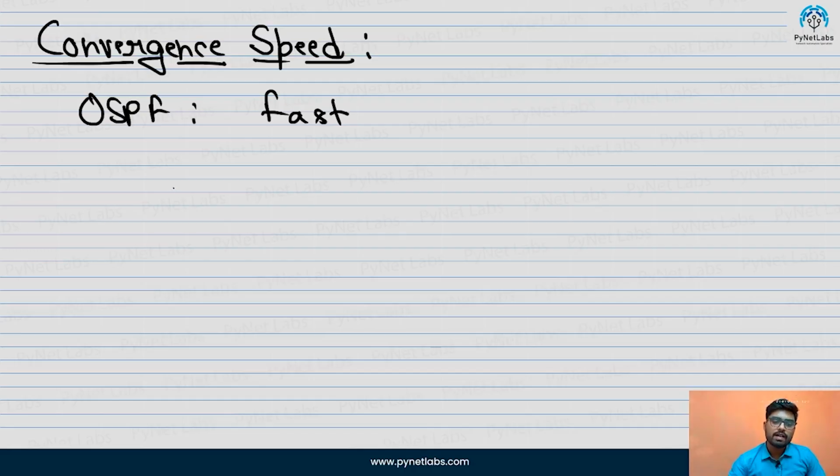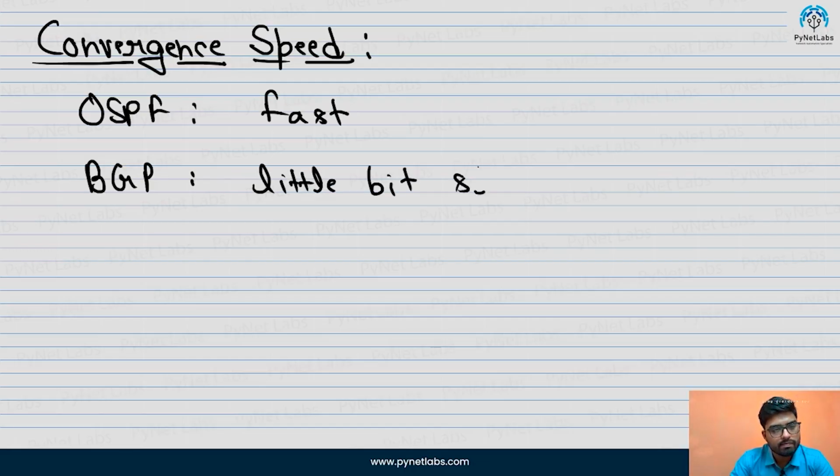But BGP will not have that level of speed. It is a little bit slow in comparison to OSPF. Why? Because in BGP the main thing is stability, not speed. So BGP focuses more on stability, not on speed, while OSPF focuses on speed also. That's why the convergence speed in OSPF is fast, but in BGP it is a little bit slow.